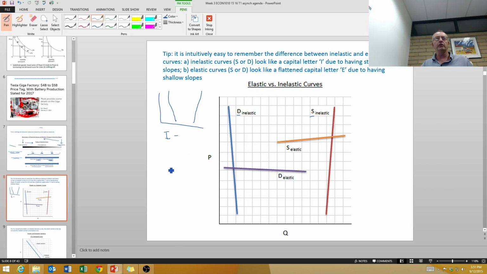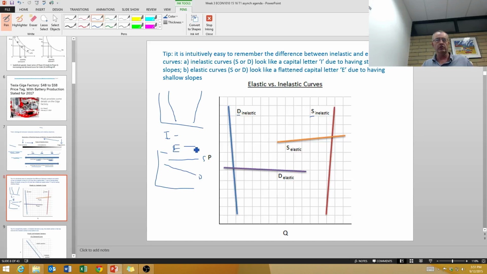And when the curve is elastic, the curves tend to be relatively flat. So the demand curve has a very shallow slope, and the supply curve tends to have a very shallow slope. And to me, these lines look like compressed E's. It's like a capital E that's been flattened.